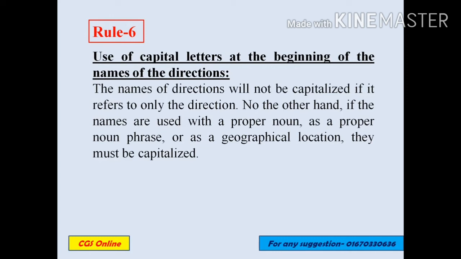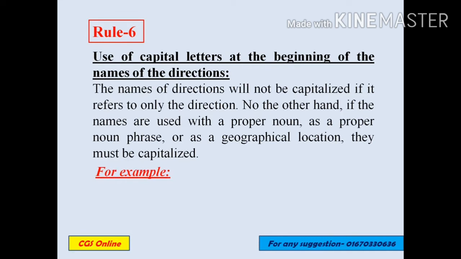In those cases, these nouns are not referring to any direction; rather they have the label of a proper noun, and that's why you will have to write the names of these directions with a capital letter at the beginning.